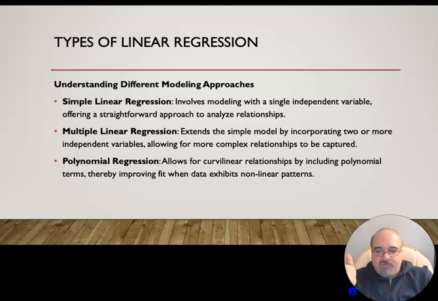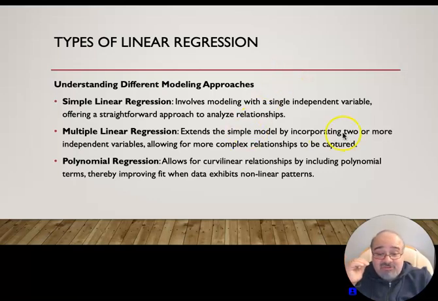Okay, so also what we want to consider is that there isn't just one kind of linear regression, the simple linear regression, but there are different forms of linear regression, and they serve different various analytical needs. Simple linear regression, of course, offers a simplistic view, capturing relationships between one independent variable and one dependent variable, usually.